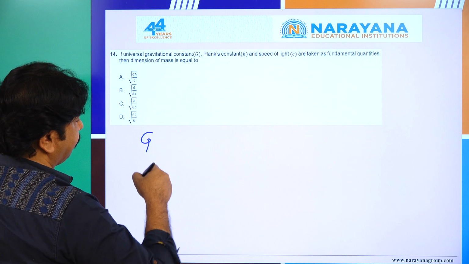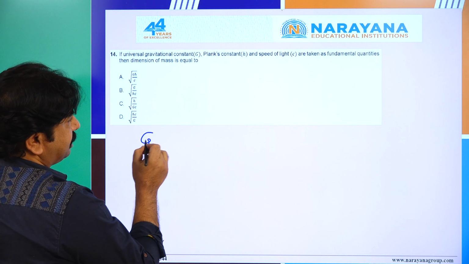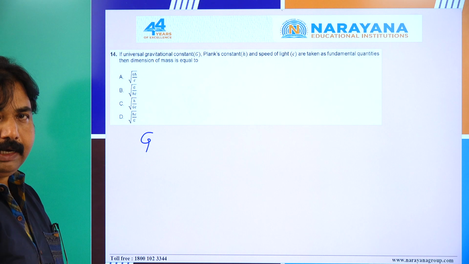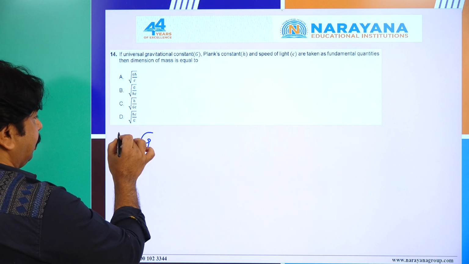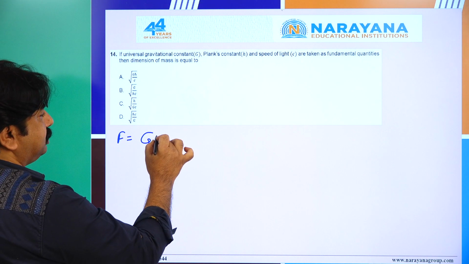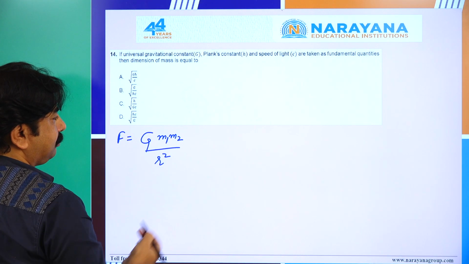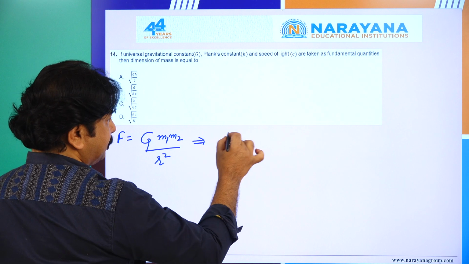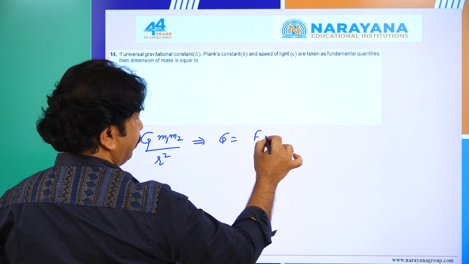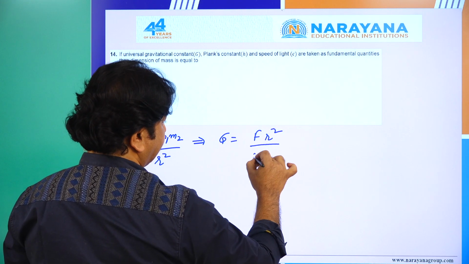First of all, G. What is the formula related with the G? Already we know F is equal to G m1 m2 by r square. So from this one, G is equal to F into r square by m1 m2.